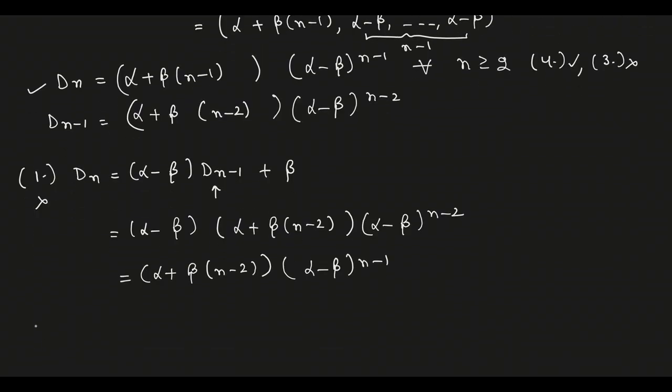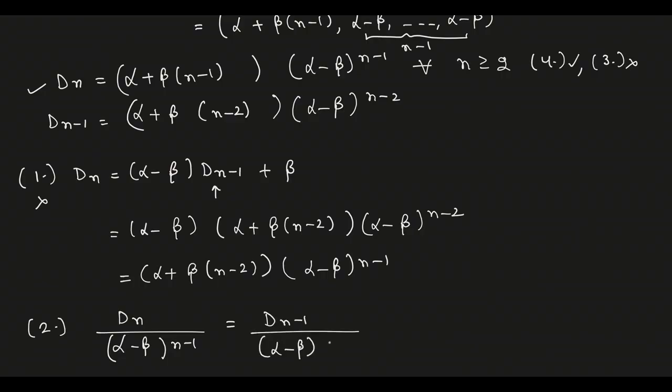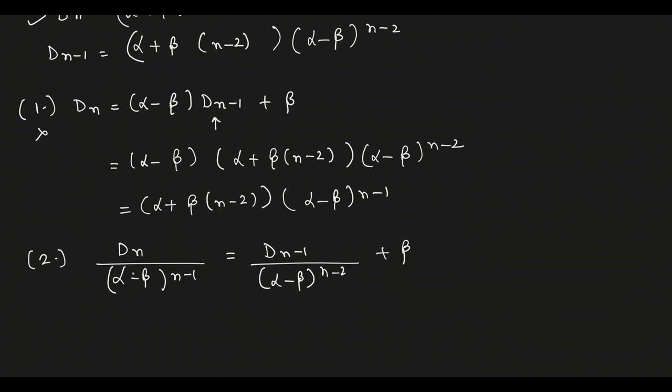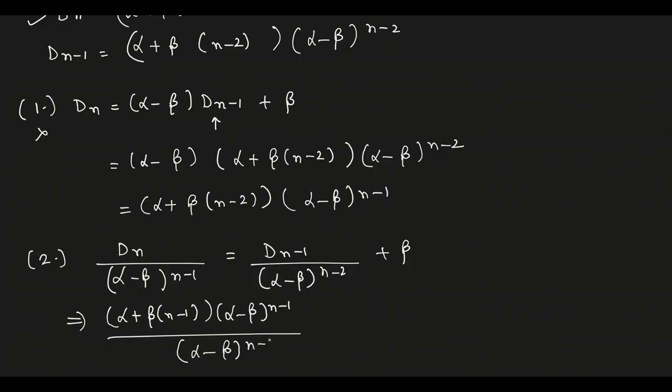Now let us check the second option. Second option was dn upon (alpha minus beta) to the power n minus 1. So dn was (alpha plus (n minus 1) beta)(alpha minus beta) to the power n minus 1, divided by dn minus 1 upon (alpha plus (n minus 2) beta).